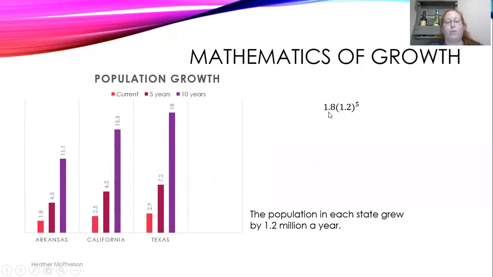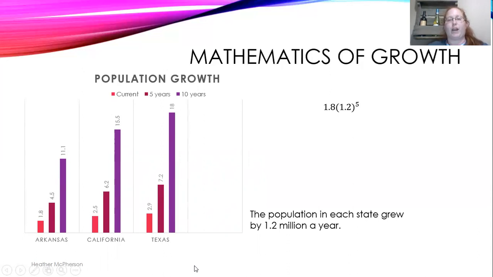When you multiply 1.8 times 1.2 to the 5th power, you come up with 4.5. I just decided that it was going to be easier to read if we rounded to the nearest tenth instead of 4.568. So that's just looking for 5 years.